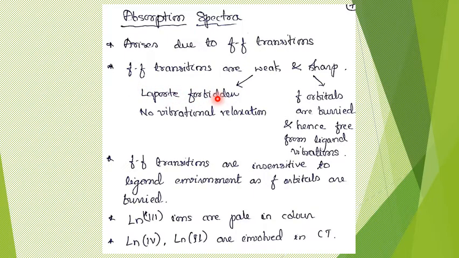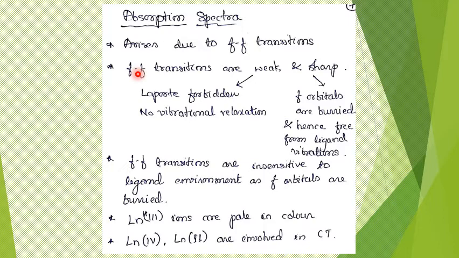Even d-d transitions, if you remember, are Laporte forbidden themselves, but there, because of ligand vibrations, some kind of Laporte relaxation will be observed, because of which the Laporte rule, even in case of an octahedral complex, to some extent will be relaxed. The important reason being ligand vibrations. But here, in case of f-block elements, the f orbitals being buried, we are taking 4f orbitals, beyond which you will have 6s orbitals and 5d orbitals, the 5th shell, 6th shell will be there.